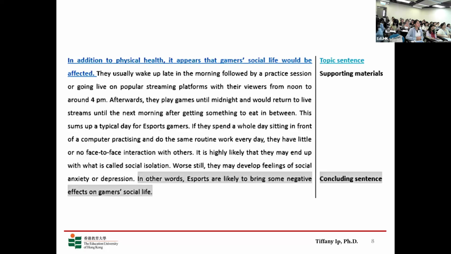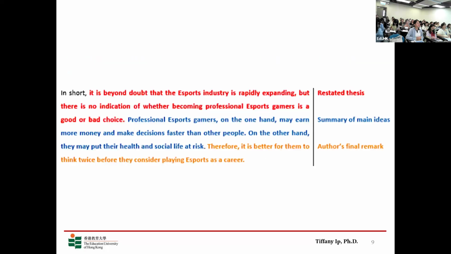And then finally, the conclusion. "In short", you see this phrase is a very common wording for conclusion. We have many more, like "to conclude", "to sum up", "in conclusion". So "in short" is just one of them. "It is beyond doubt that the esports industry is rapidly expanding, but there is no indication whether becoming the gamers is an appropriate choice."